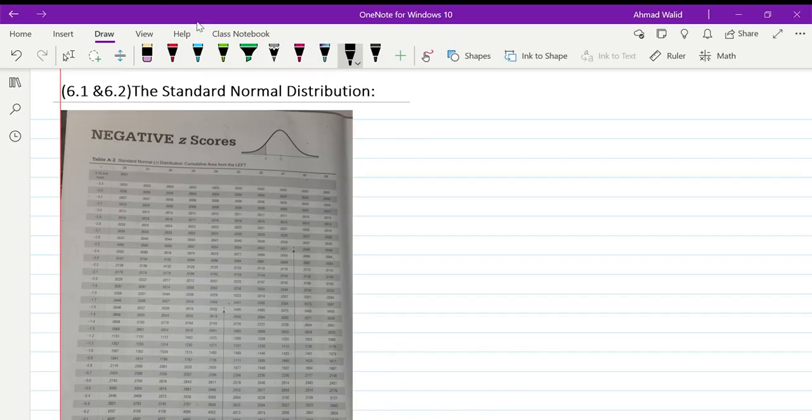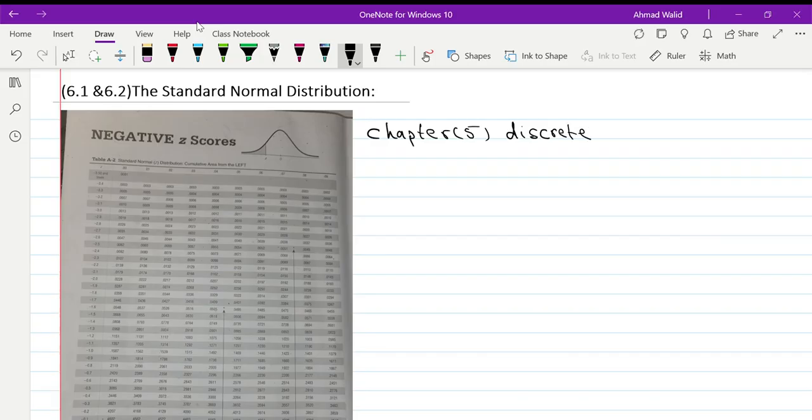If you remember, in our chapter 5, we covered probabilities that were discrete, correct? It means they had a finite number of values.